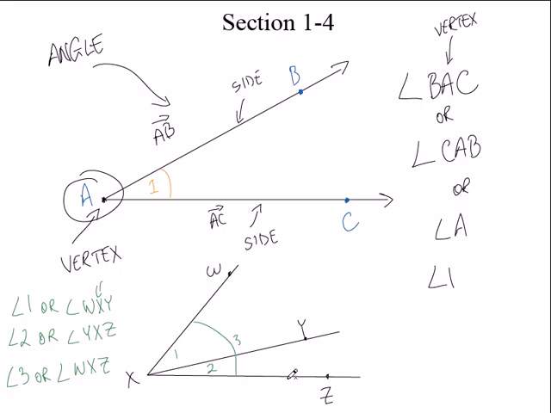Sometimes when I read off the answers to these worksheets, the question will say, give me another name for angle 1. And I might say WXY, but you might have written down YXW. Does that mean you're wrong? No, not at all. So sometimes you're going to have to look.